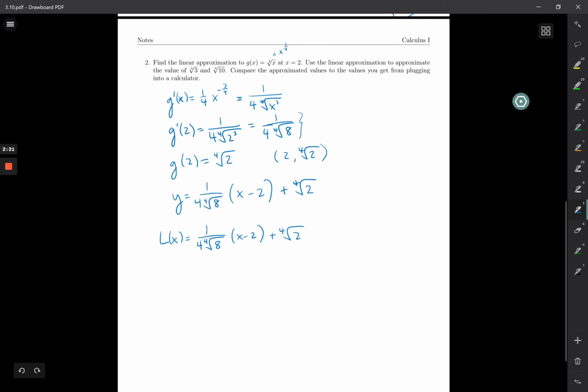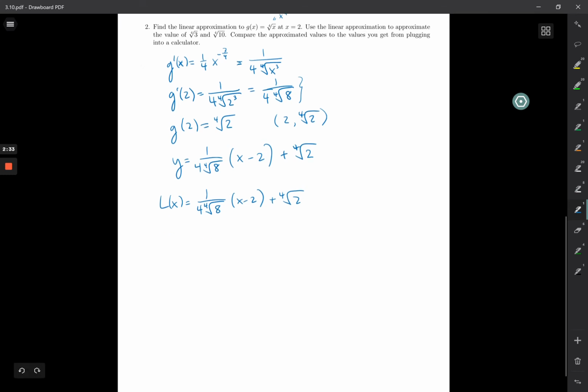Okay, now in this question it asks you to use the linear approximation or the linearization to approximate the fourth root of 3 and the fourth root of 10. Now what we get when we plug in 3 is, this piece doesn't change, we get 3 minus 2, so that's just going to simplify to 1, and then we get that.